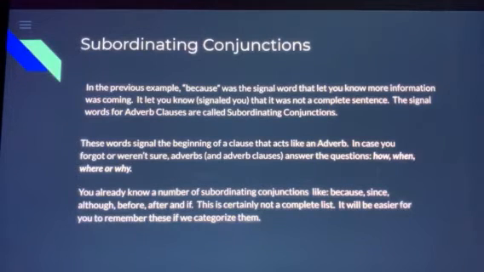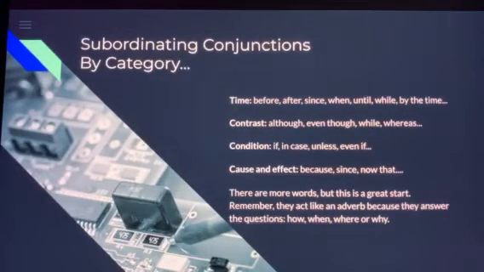And this is what I'm talking about with categories. This list, this information, you can find this pretty much everywhere, including on the wiki. So by category, time is one category. Remember, adverb clauses answer the question when. So when did that happen?